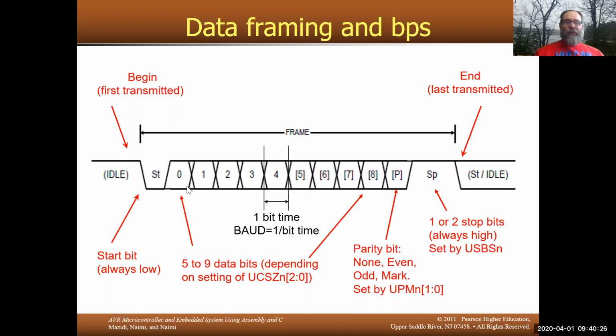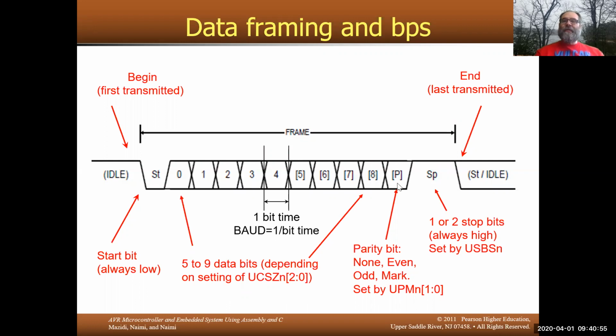There are then anywhere between 5 and 9 data bits, depending on how you set this up. There's a couple of bits that actually set how many bits you are transmitting. There is an optional parity bit that is set to a 1 or a 0, such that if you're doing odd parity, there are always an odd number of bits which are 1. If you're doing even parity, there's always an even number of bits which are 1.